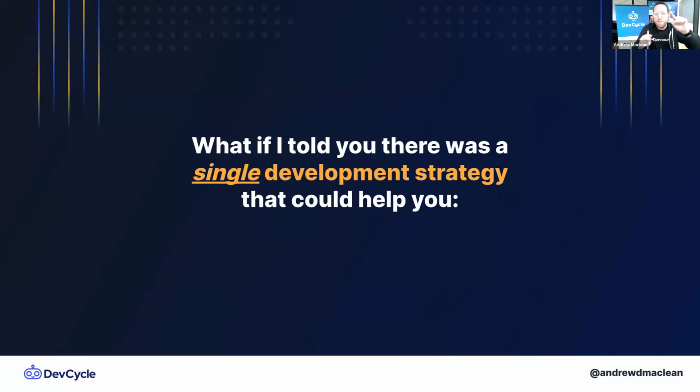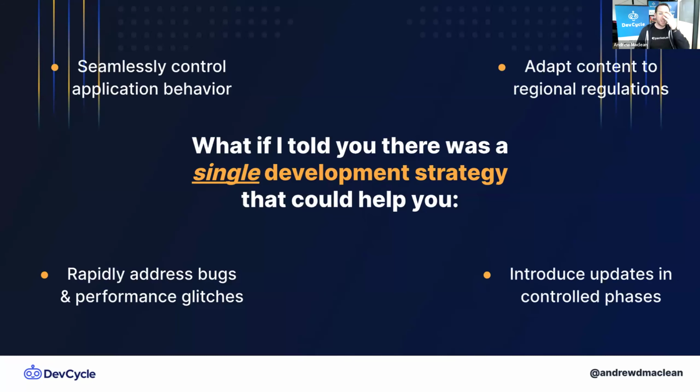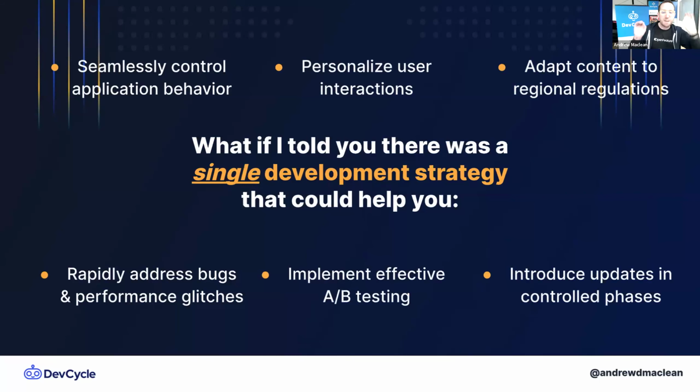What if I told you that there was a single development strategy that could help you seamlessly control application behavior, rapidly address bugs and performance glitches, adapt content to regional regulations, introduce updates in controlled phases, personalize user interactions, and implement effective A/B testing?